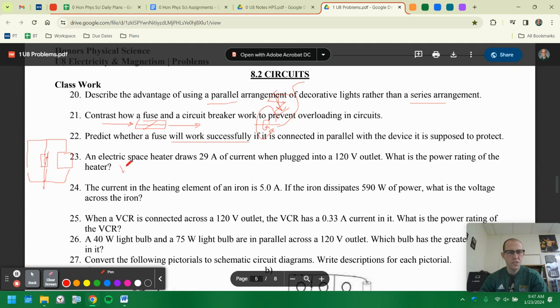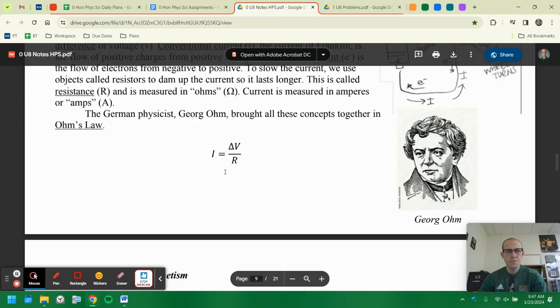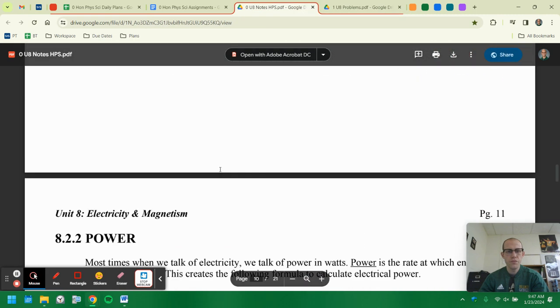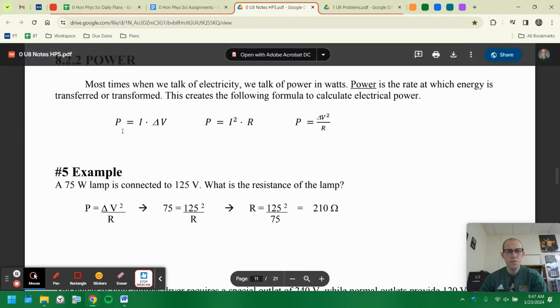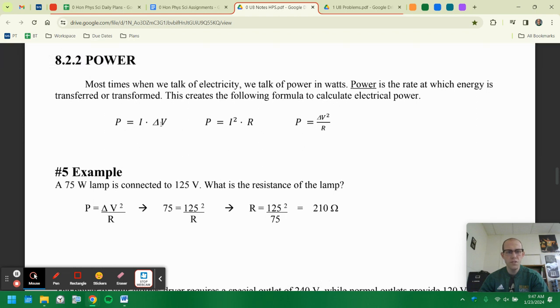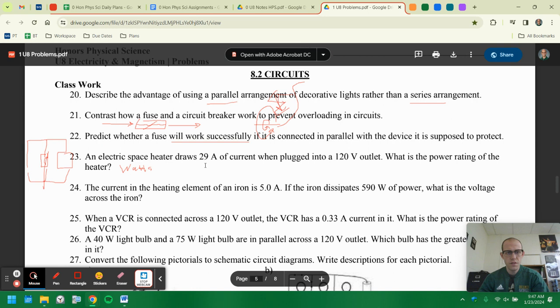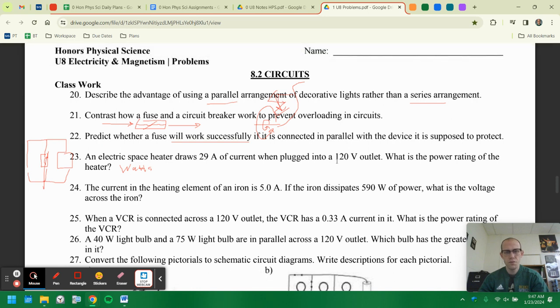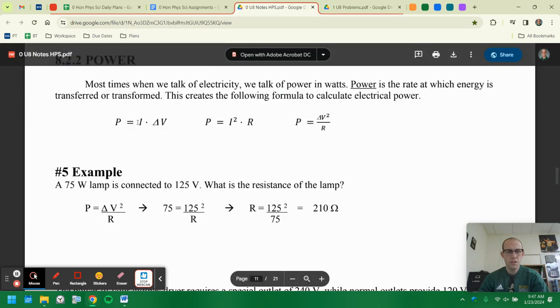Ooh, so we need some watts for this. So let's look at our other formulas for this. So we have three: power dealing with current and voltage, power dealing with current and resistance, and power dealing with resistance and voltage. We were given current and voltage, current and voltage.